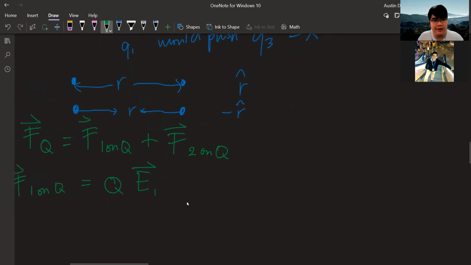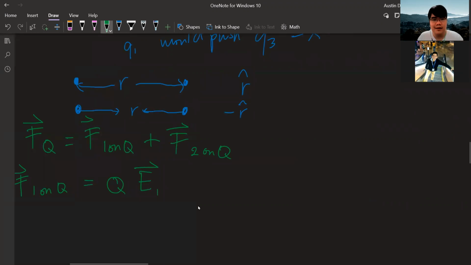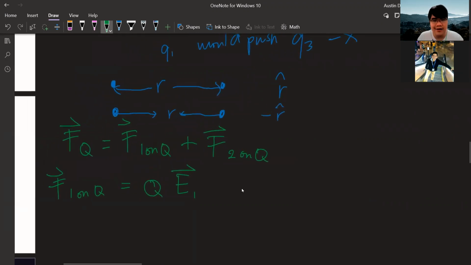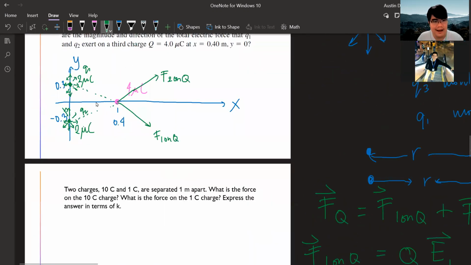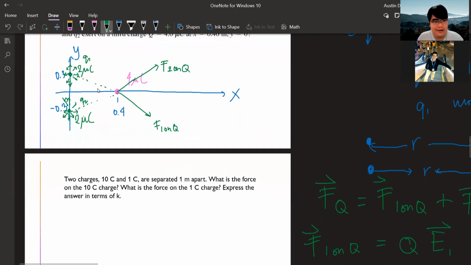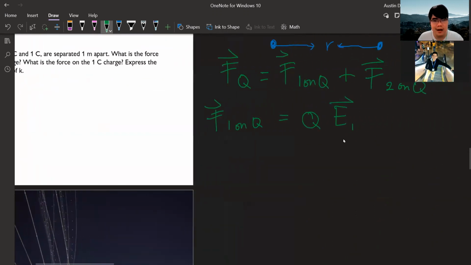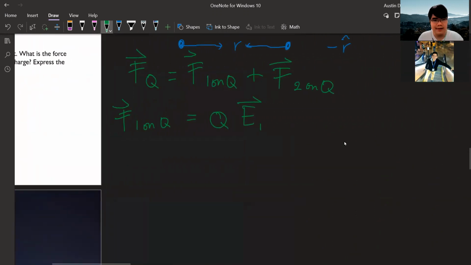Now, we have to solve E1. Okay? Now, wala kang direction na magagamit for now kasi hindi sila nakalapat sa X and Y direction. So, ang gagawin mo is that you have to solve for magnitudes ka lang muna for now. At least, ito yung suggested way of doing it.